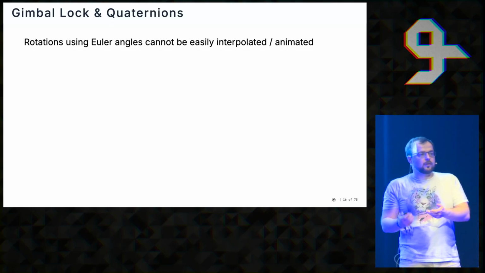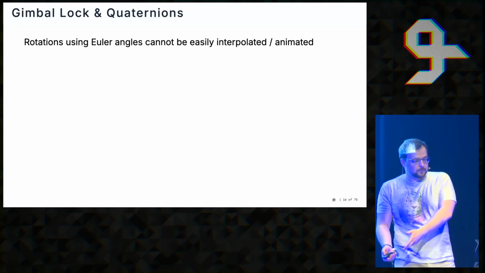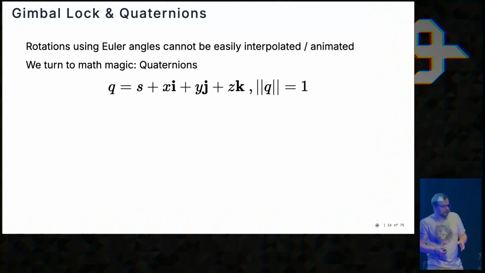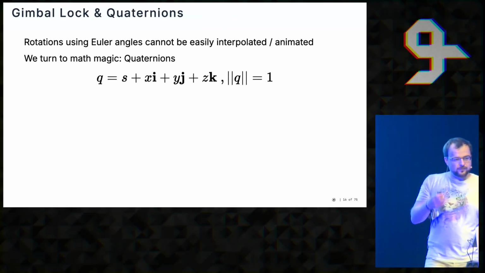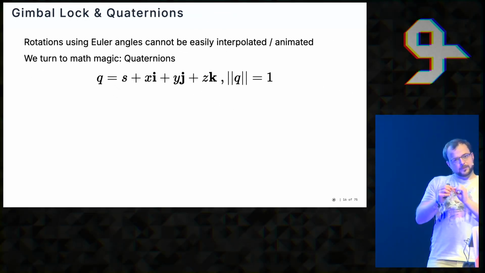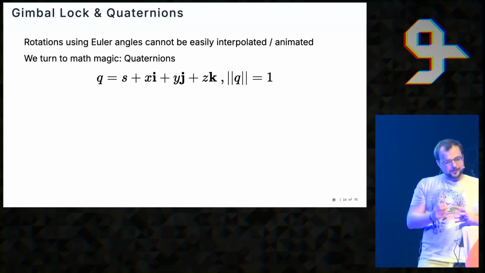And there is actually a relatively nice way to get around that. And it's deeper math magic called quaternions, which are essentially an extension on the complex numbers, but for our intents and purposes are kind of points on a 4D unit sphere.